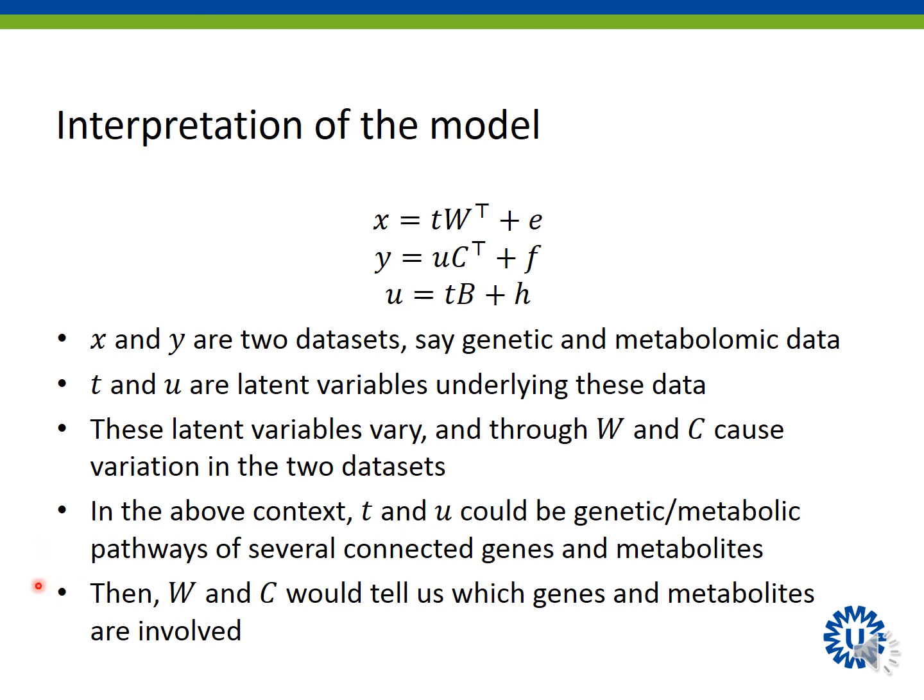And variation in T and U, because this pathway changes, goes up or down, depending on the needs of the cell, the gene expression and the metabolite abundances change. And additionally, W and C tell us which genes and which metabolites are most involved. So if T and U change, which genes and which metabolites are actually most affected or most important for the relation between T and U.